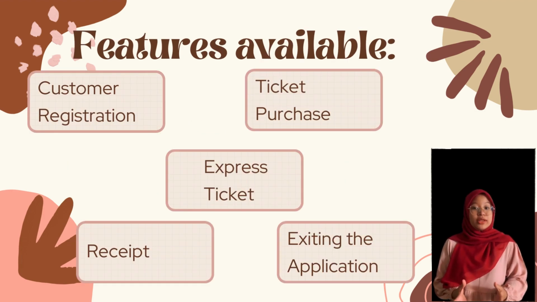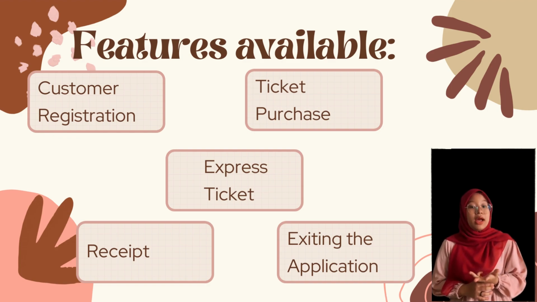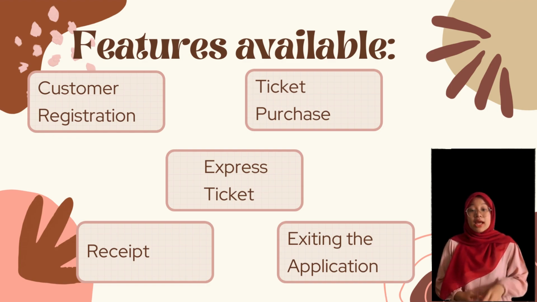Lastly, we will explore the diverse features offered by a straightforward yet effective ticket purchasing system. First, customer registration. The application empowers customers to conveniently register their personal information, including their name, IC number, phone number, email, and date of registration. Second is ticket purchase.